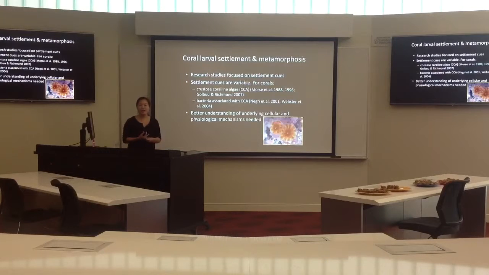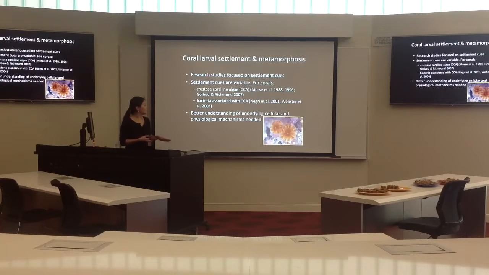So over the past 2 decades, many research studies have focused on settlement cues. And these settlement cues are quite variable and often species-specific for different species of coral. And the two most common ones are crustose coralline algae and the bacteria associated with crustose coralline algae.